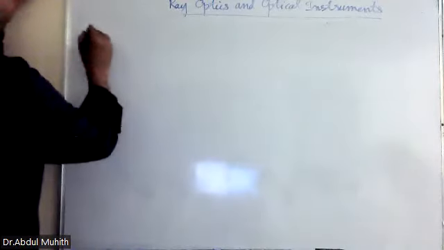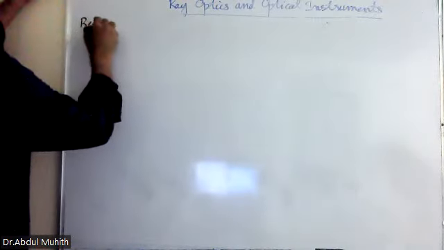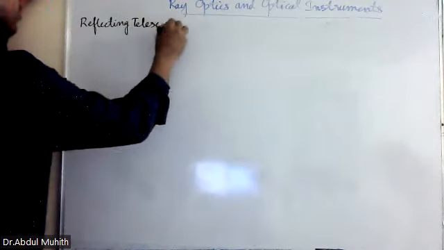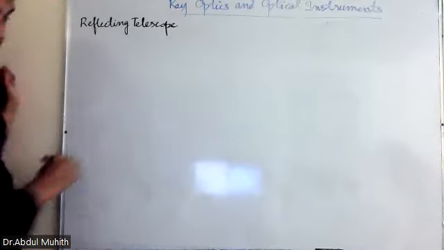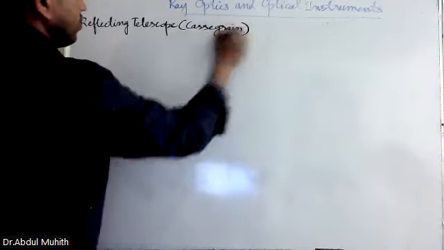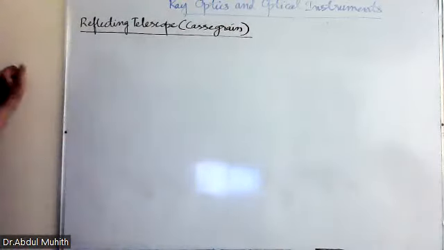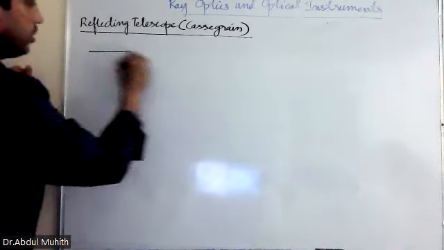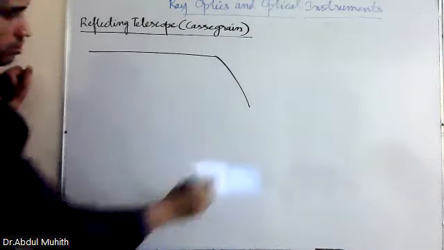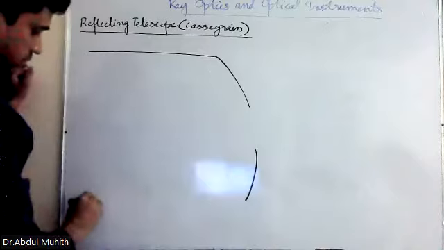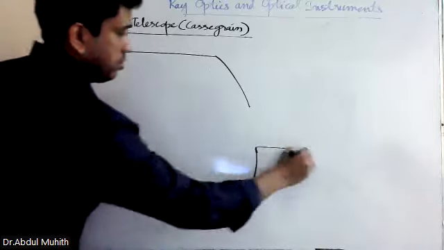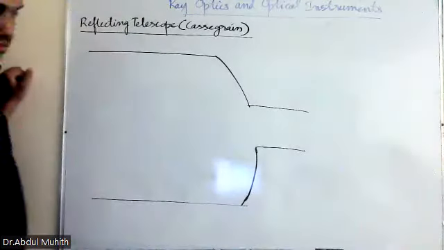Then going with the last one, the reflecting telescope. That is said to be the Cassegrain telescope.